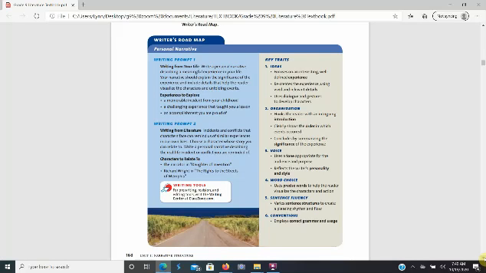Writing prompt number 2, writing from literature. Incidents and conflicts that characters face can remind us of similar experiences in our own lives. Choose a character whose story you can relate to.